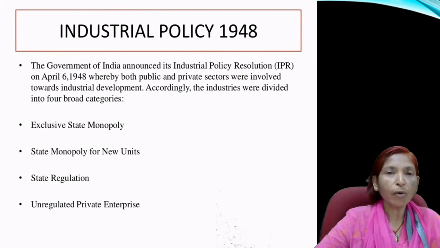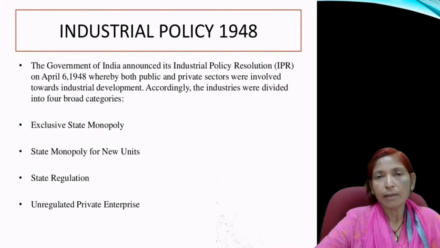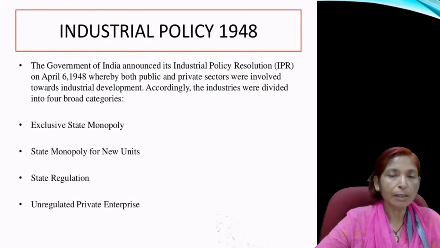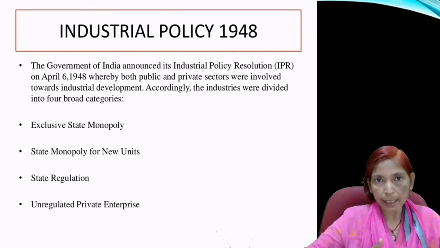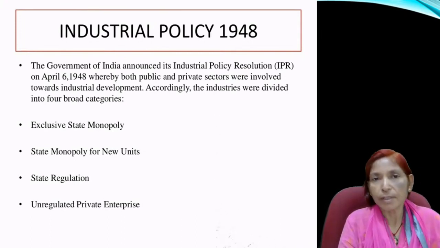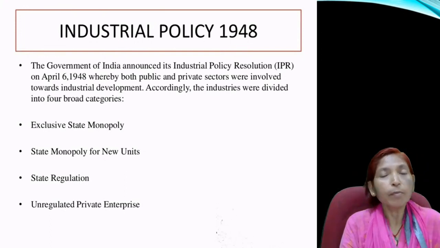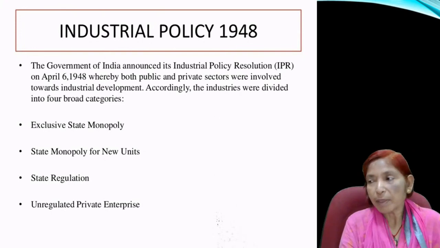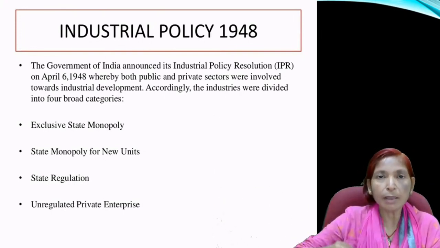But before 1991, public sector was mainly the dominant sector in the Indian economy and the role of private sector was very less. But at present the situation is reversed. At present, private sector is playing a very important role and public sector is playing less role in the economy.